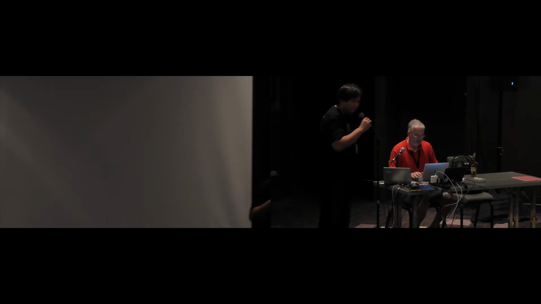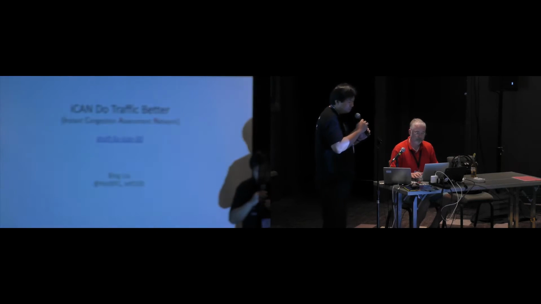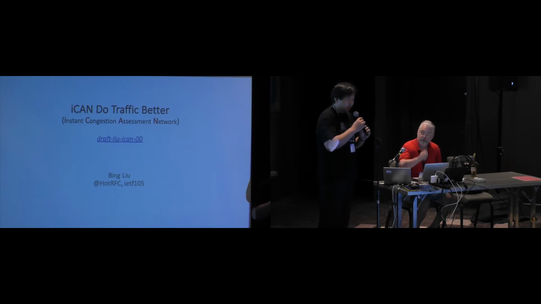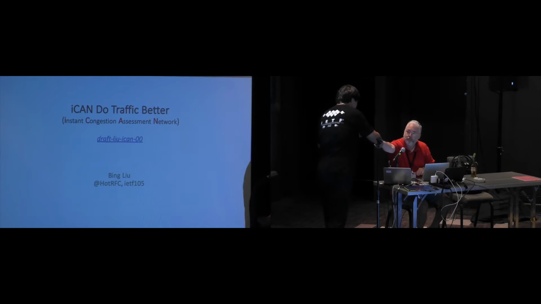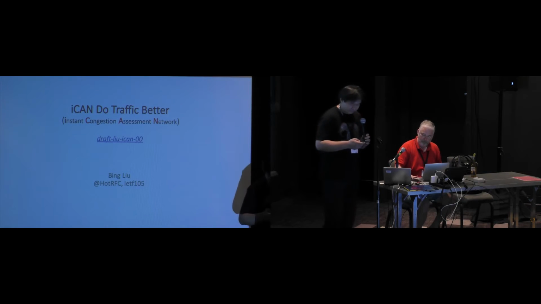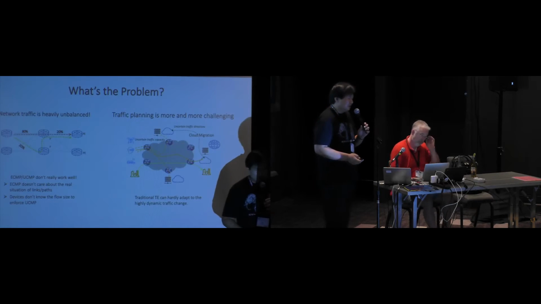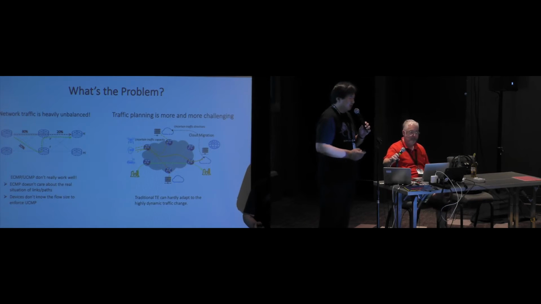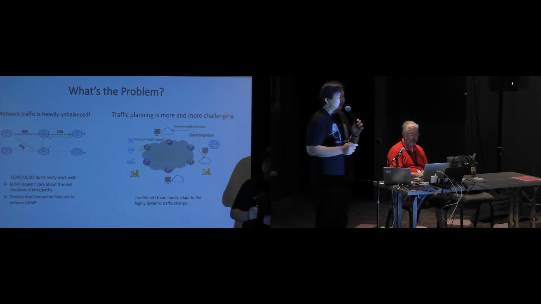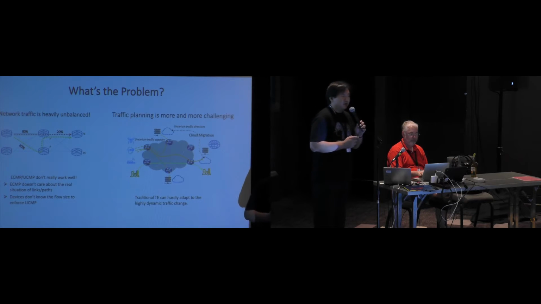Okay, hello everyone. Today I'm introducing a new technology called Instant Congestion Assessment Network. So what's the main target problem? First, the traffic in real networks, especially metro networks, is always heavily unbalanced.